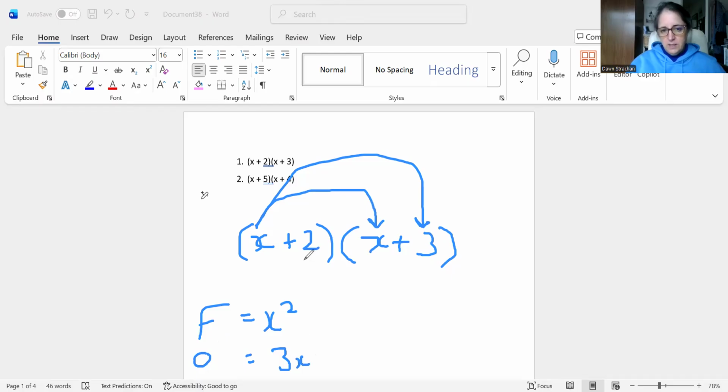Then we do the inner, so that's the I, and 2 times x equals 2x. And then we do the last. So now we go 2 times 3, which gives us 6. So last equals 6.